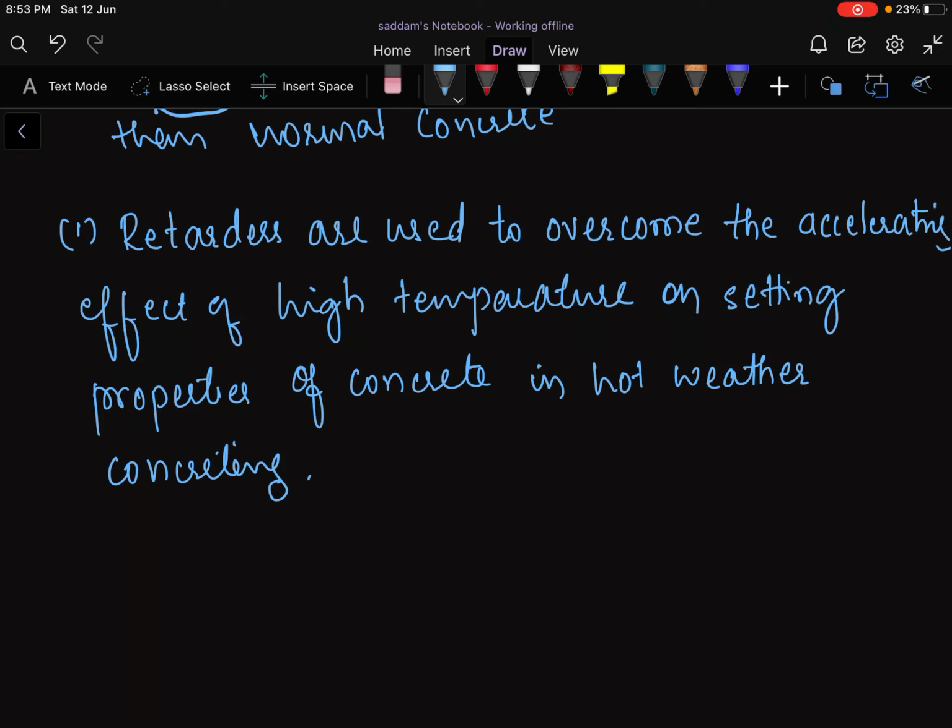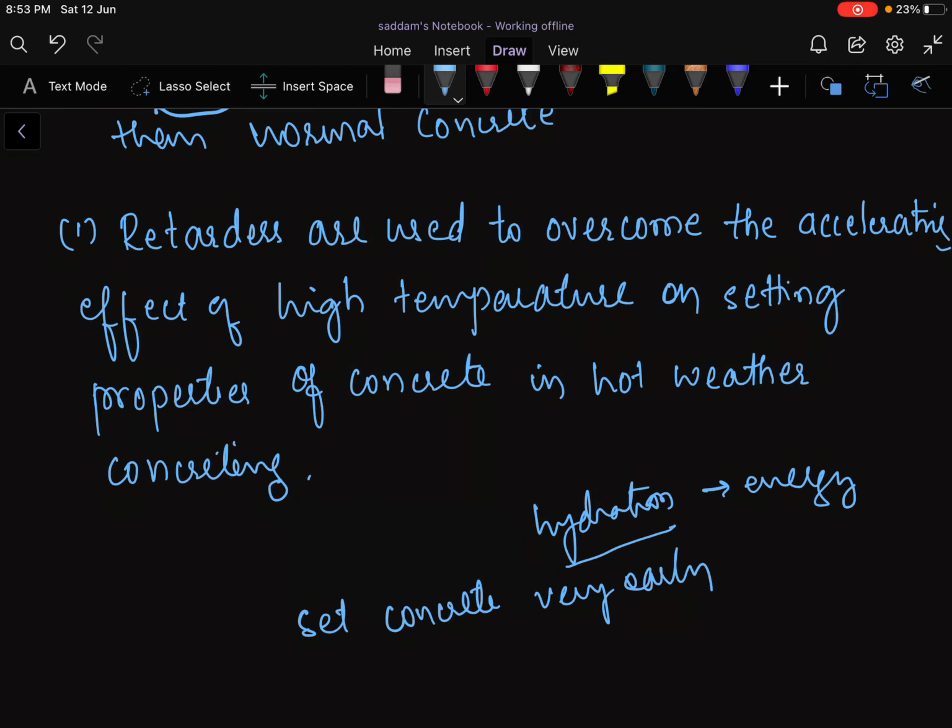So now we have known that the process of hydration releases energy, that is heat. Okay. Liberation of heat occurs during the process of hydration. If the temperature of the atmosphere itself is more, that combination will set the concrete very early.